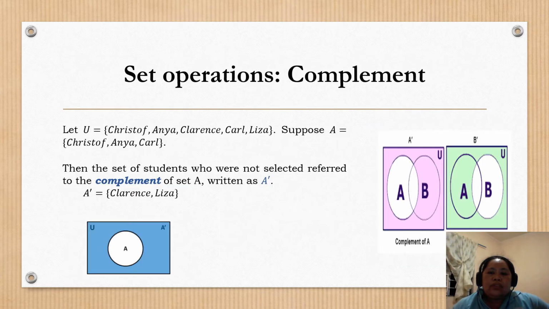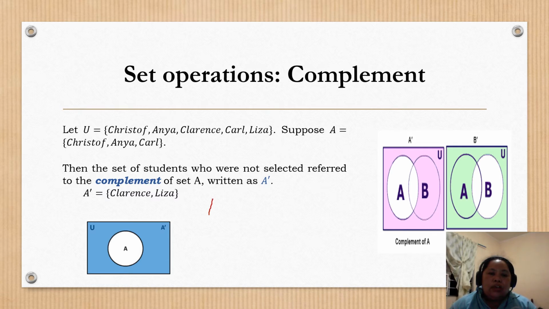Okay, next. Now, set operation complement. So let U be the universal set with Christoph, Anya, Clarence, Carl, and Lisa. Suppose set A has only Christoph, Anya, and Carl. Then the set of students who were not selected is referred to as the complement of set A, written as A complement, or A prime.